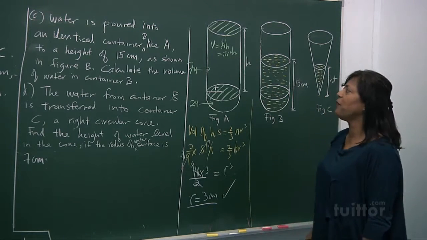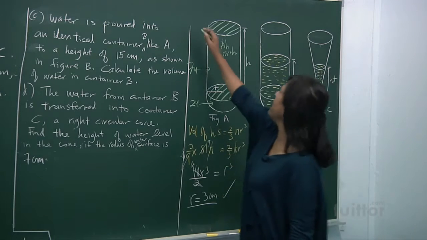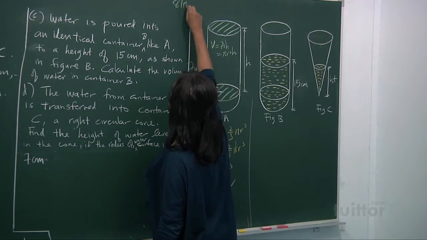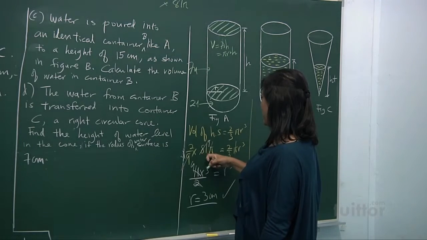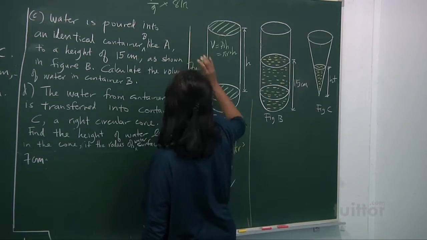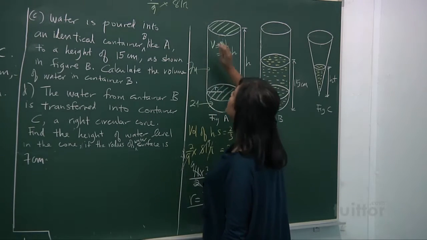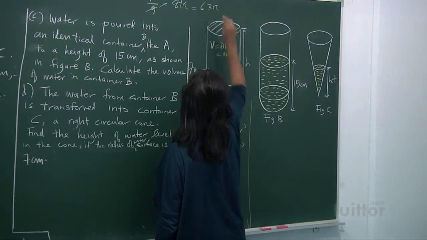What is this volume equal to? You've got 81 pi, and this is 2 parts of it. We divide by 9 and multiply by 7, because this is 7/9 of it. We can cancel and we've got 63 pi.